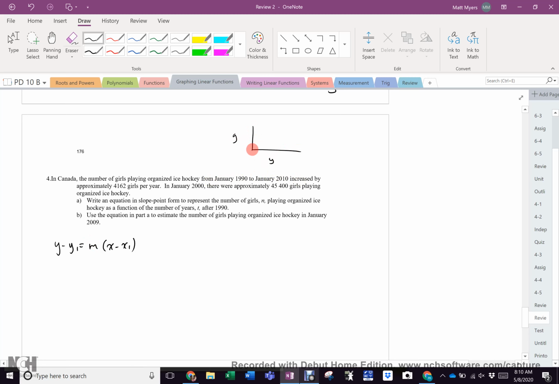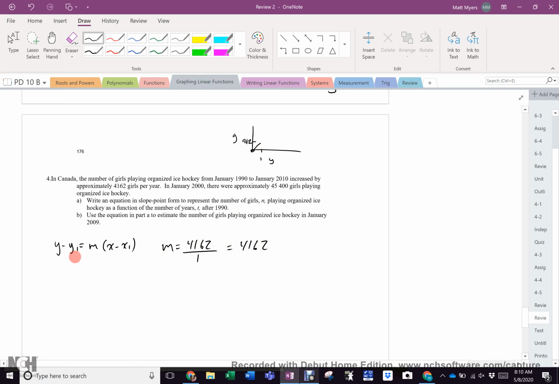Every year, 4,162 more girls play. So if no girls played in the first year, after year 1, 4,162 played. So my slope is 4,162 over 1. 4,162. So there's my m.